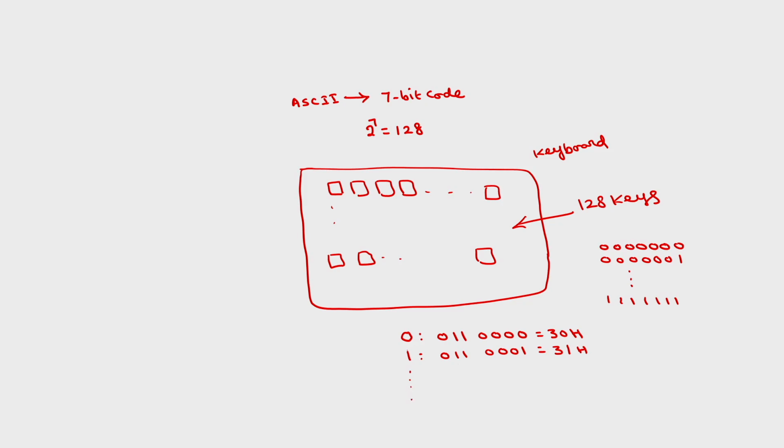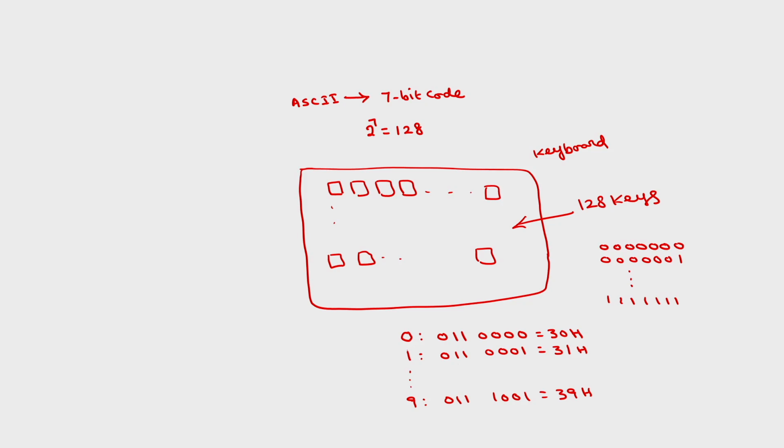So on, up to 9, which will be represented by 39H. Of course, for these 3 we require 4 bits, we can insert 1 0 here, to express it in hexadecimal form. This is about the ASCII code.